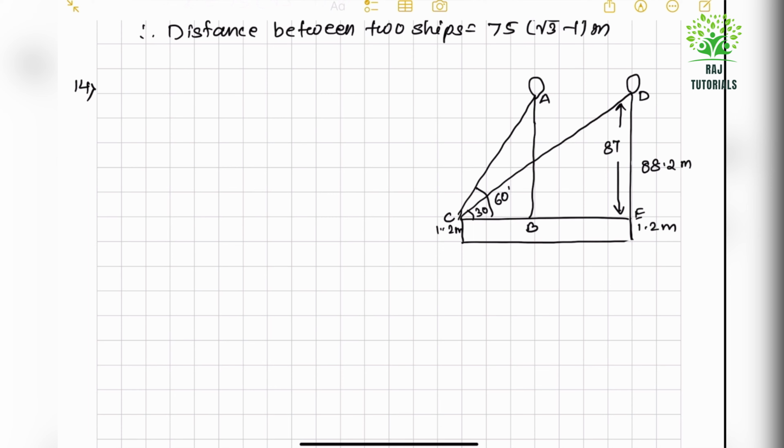So see, if I make a simple diagram of this as shown, so AB is the starting point and DE is the ending point, and the height of the balloon at that time from the ground is 87 meter, as the total distance is given 88.2.